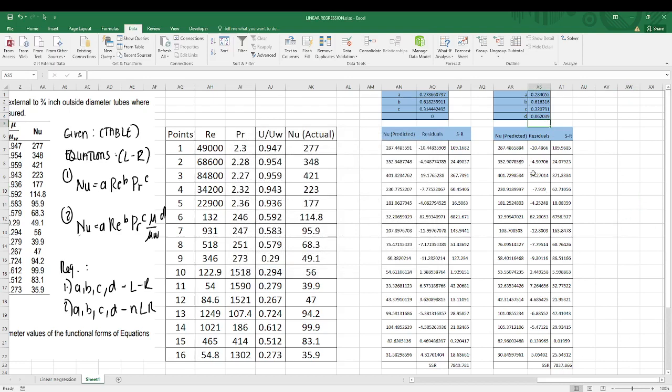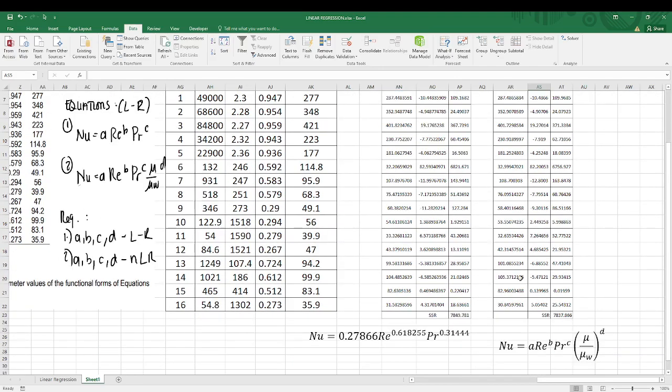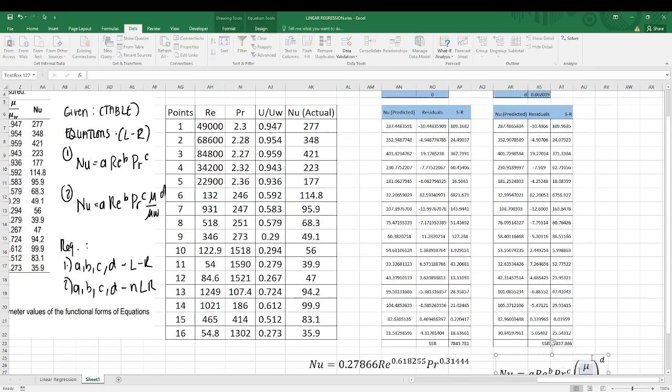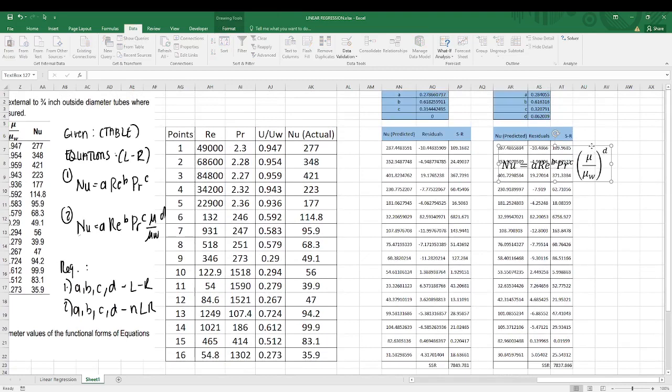So let's just try this one. Okay, so this is the first equation and this is the second equation. So we just plug in the values of A, B, C, and D here. So A is 0.284055.